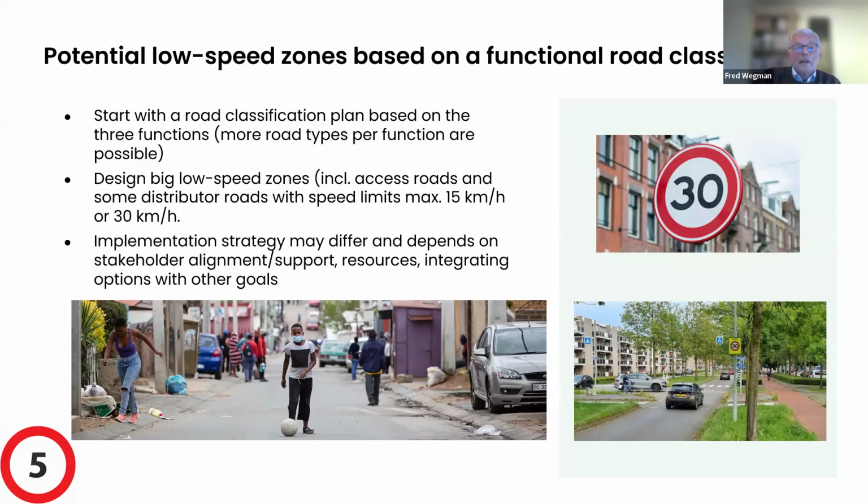So then you make low speed zones, including access roads by definition, and sometimes also distributor roads, where you go to distributor roads or collector roads with a speed limit of 30. And what to do next is dependent on your resources, whether you have the funding for it, what is the view of the stakeholders, and whether you can include other goals as well. Next, please.